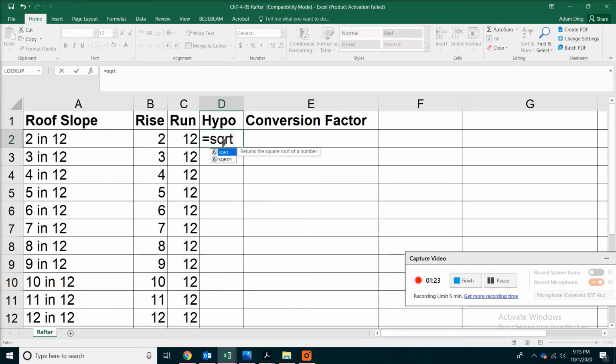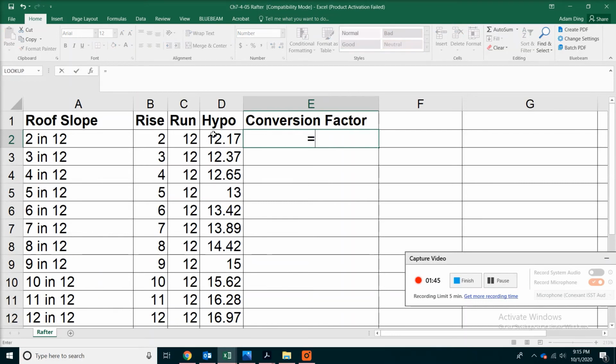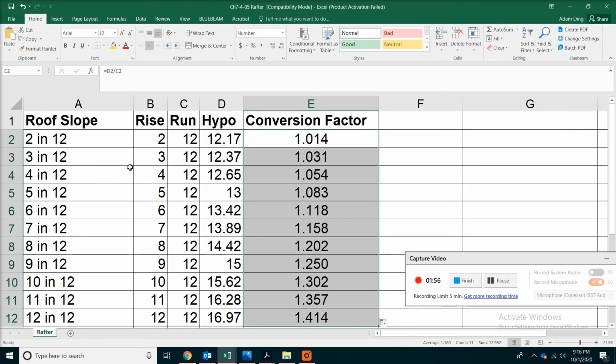Doing the same thing, square root SQRT, then square each of the two other sides. Add them up, then take a square root. Drag this down. Now the conversion factor is just your sloped side over the flat side, which usually on the roof is always 12. This is all the conversion factor we'll be looking at.